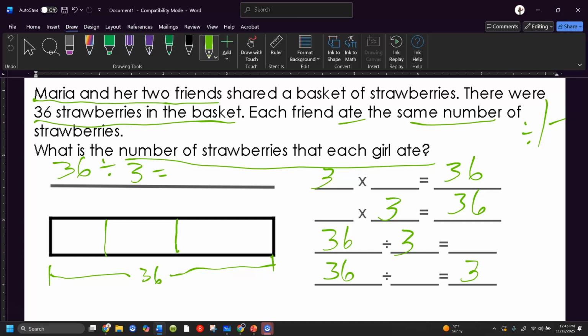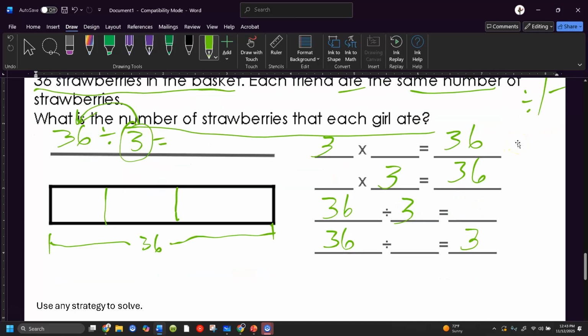Okay. Now, if you had a multiplication chart, you could count by 3s until you get to 36. Okay. Now you'll notice that your multiplication chart only goes to 30, because we only go to 10.